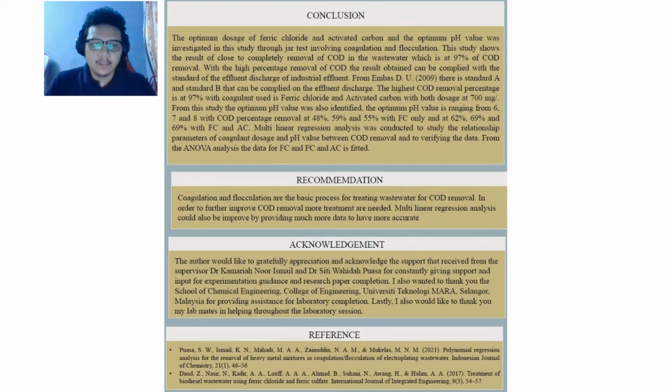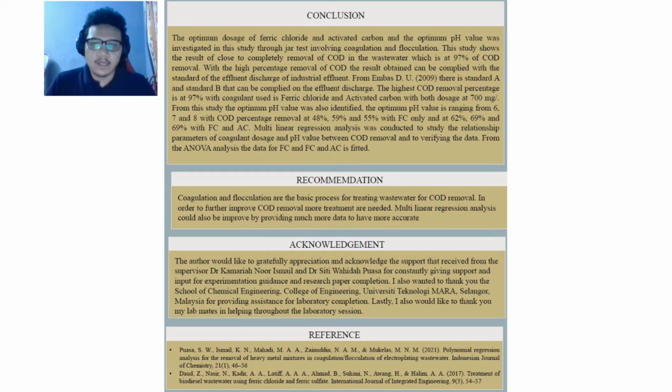As for the conclusion, the optimum dosage of ferric chloride and activated carbon and the optimum pH value were investigated in this study through jar tests involving coagulation and filtration processes. This study shows the result of close to complete removal of COD in the water, which is 97% of COD removal.